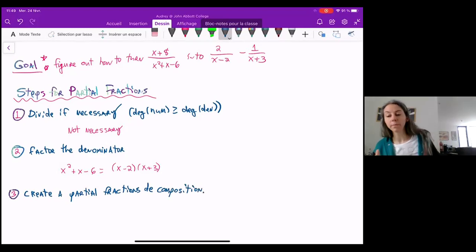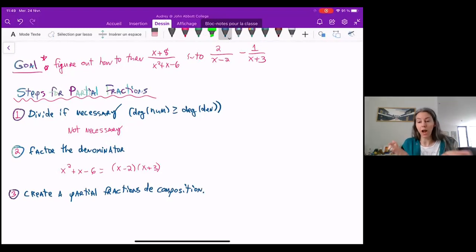A partial fractions decomposition is taking the original rational function and writing it as a sum of fractions, recognizing that the only possible denominators of those fractions are the factors of the denominator that I have.